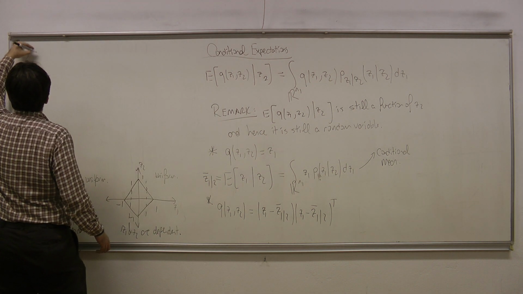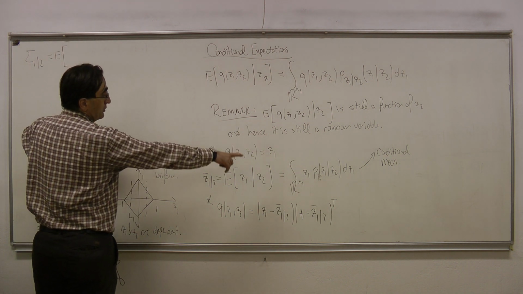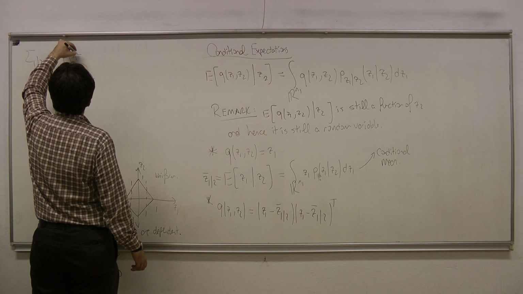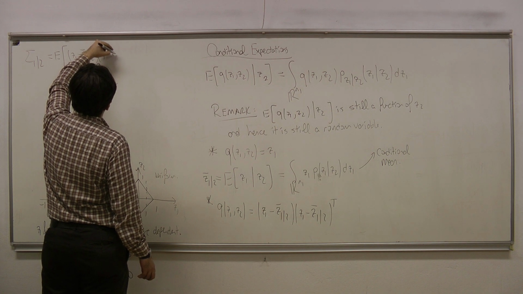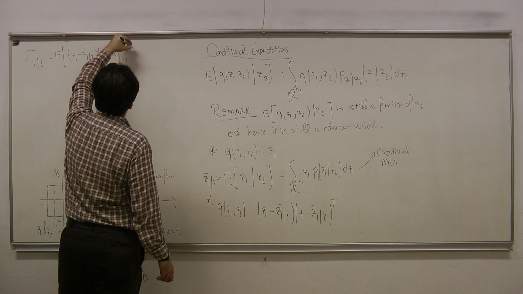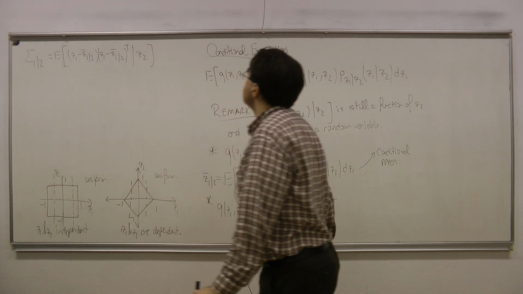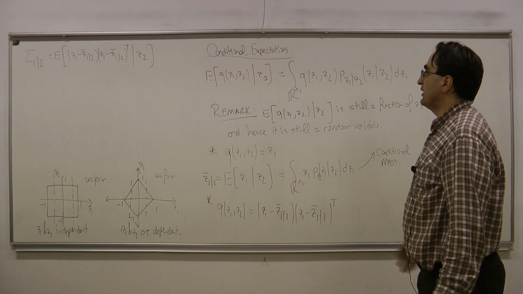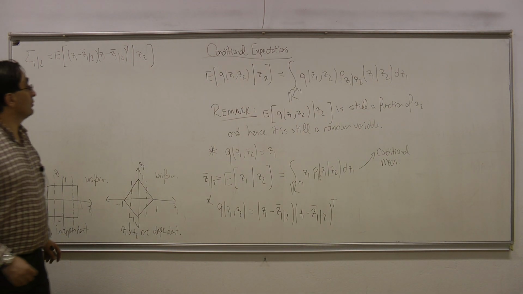So sigma 1 given 2 is equal to the expected value of z1 minus z bar 1 given 2, times z1 minus z bar 1 given 2 transpose, given z2. This is called the conditional covariance.